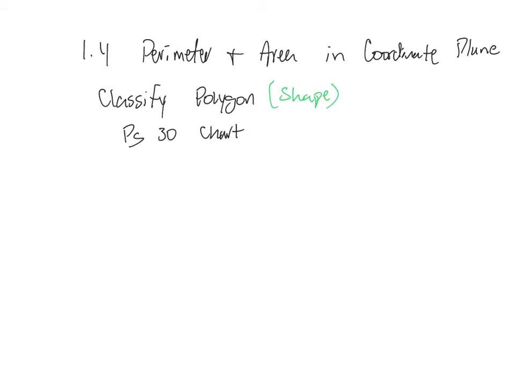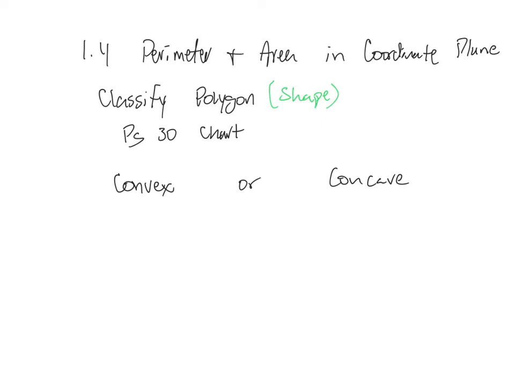So it's going to ask you to classify a polygon, and you're going to use that word. What are the corresponding words? 5 sides, you're going to say it's a pentagon. But then it's also going to ask you for convex or concave.